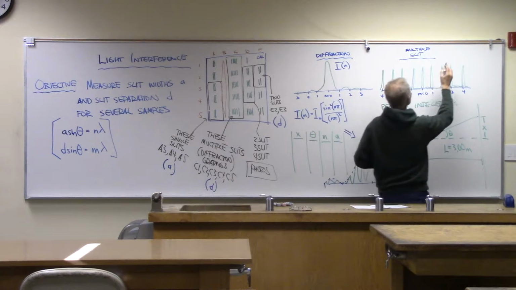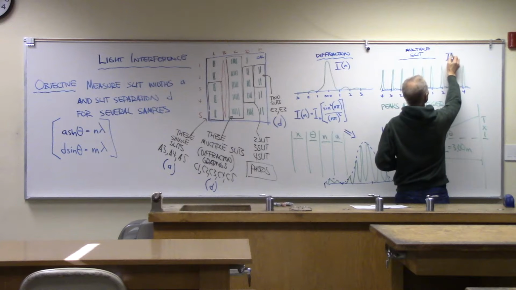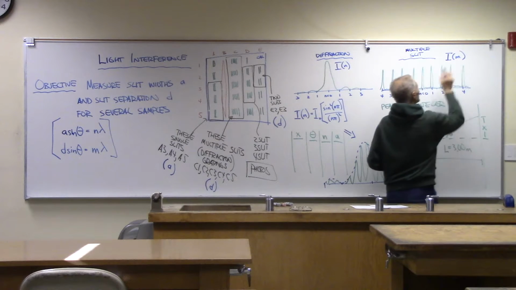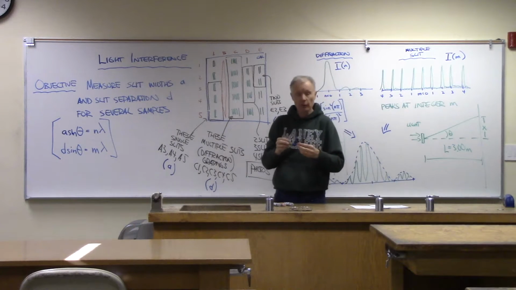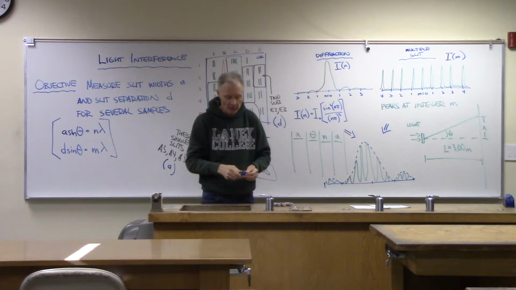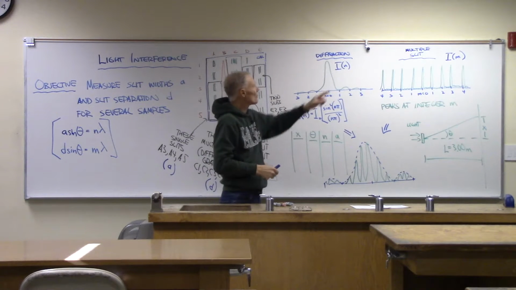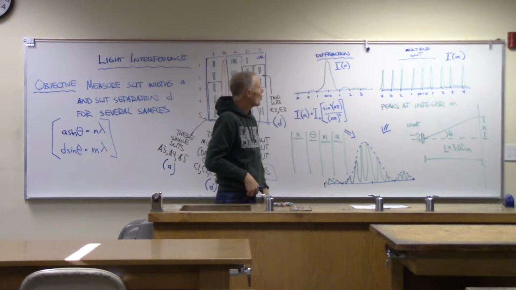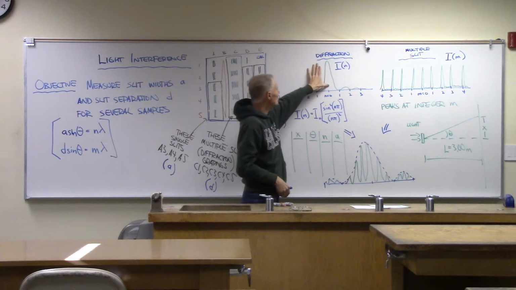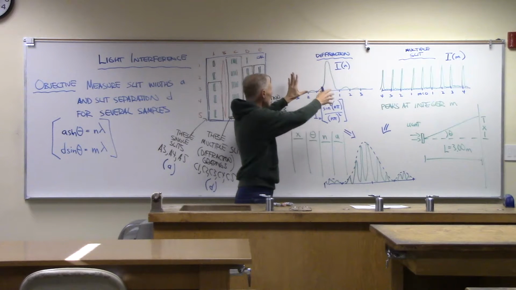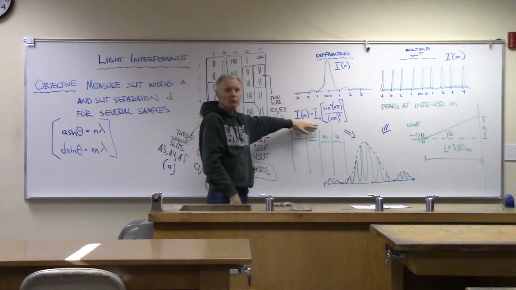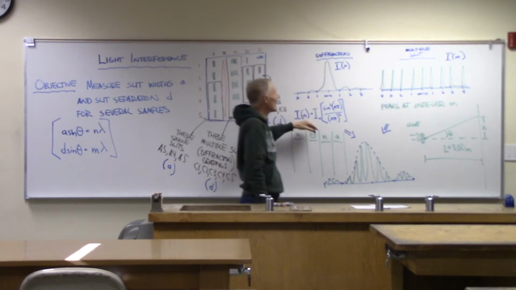And over here, for multiple slits, this also is an intensity function sort of drawn out here. And the intensity function here I'm going to write as a function of m. So when we have pure diffraction, this is the only thing going on, and this is the intensity formula that we had derived in class.